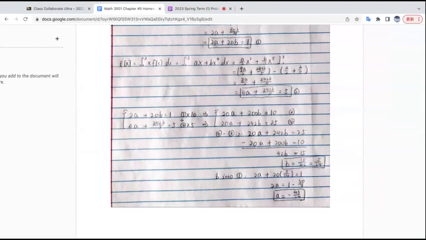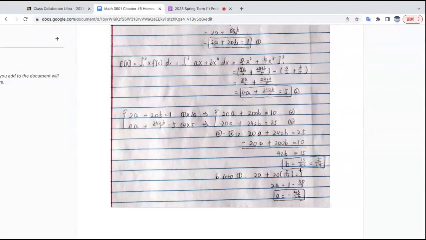Then we find a and b from the two equations. I multiply equation 1 by 10 and equation 2 by 5, and we get equations 3 and 4, which have the same 20a term. So use 4 minus 3, and we get 42b is equal to 15.